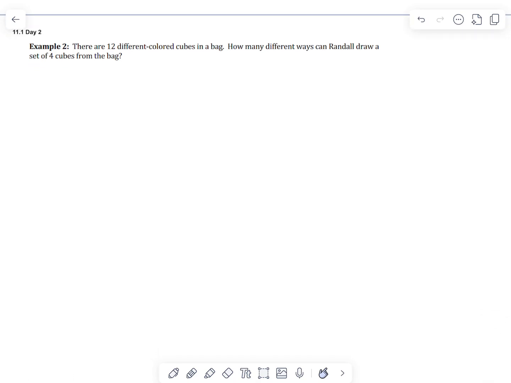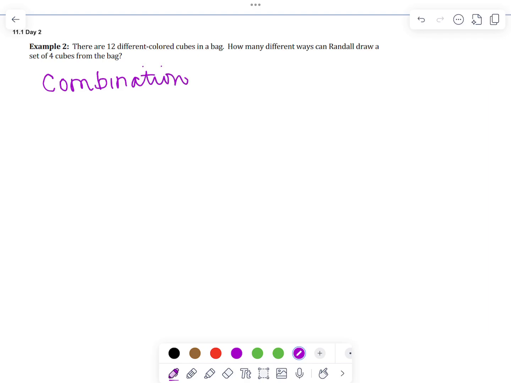So here's example 2. There are 12 different colored cubes in a bag. How many different ways can Randall draw a set of 4 cubes from the bag? So in this case, this is a combination, because the order does not matter.